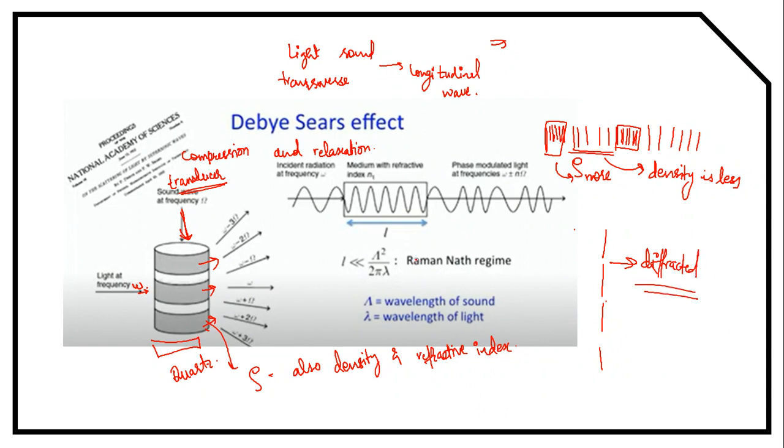Because of this diffraction, the resulting light waves come to be in the same phase, not in different phases. Through this you will get a light beam which is phase modulated. They are at a frequency, say this one, and they have the same phase.